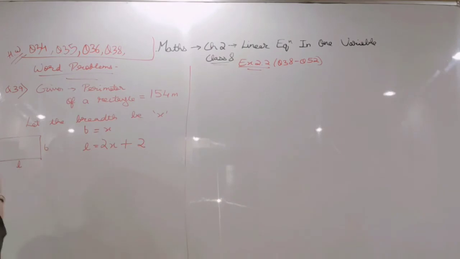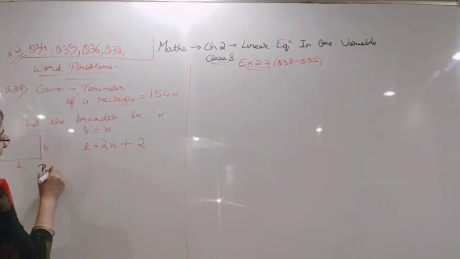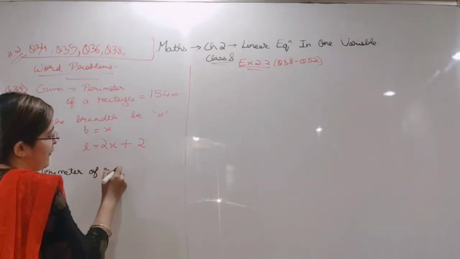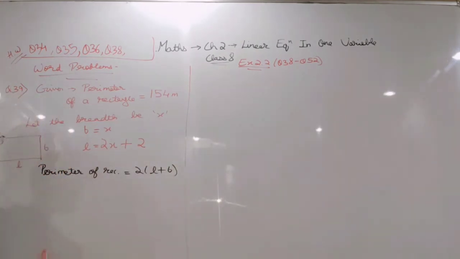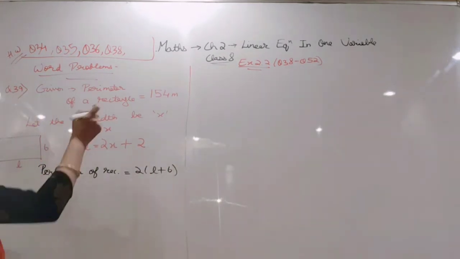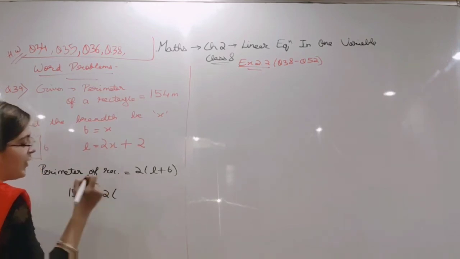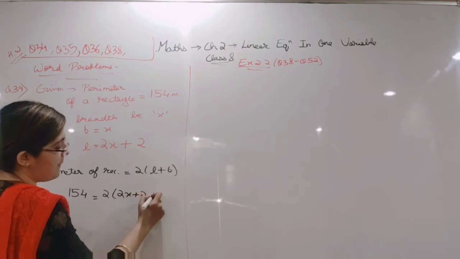Now we have to find the length and breadth. What we will do, we know that perimeter of rectangle is, what is the formula? Perimeter of rectangle is 2 times length plus breadth. Okay, we will put the values here. What is the perimeter given? 154. 2, what is your length? 2x plus 2. What is your breadth?